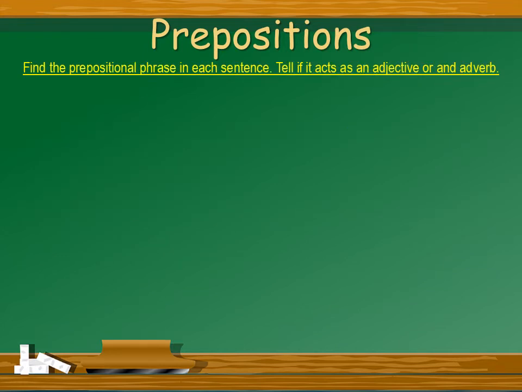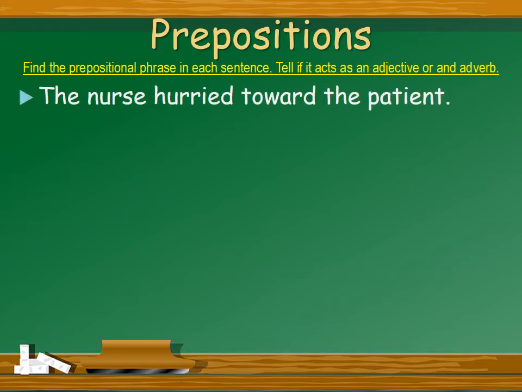Now, let's try to find the prepositional phrase in its sentence. Then, we will tell if it acts as an adjective or an adverb. The nurse hurried toward the patient, which is the prepositional phrase here. And we will tell also whether it's an adjective or an adverb.